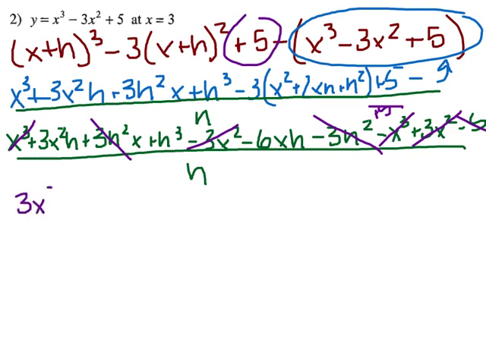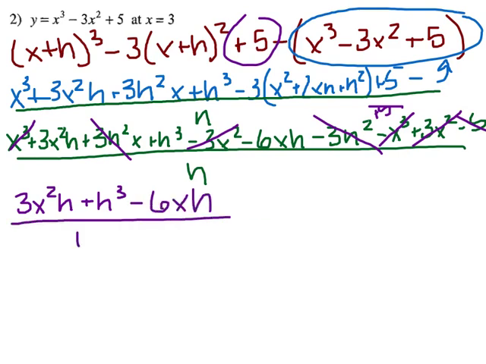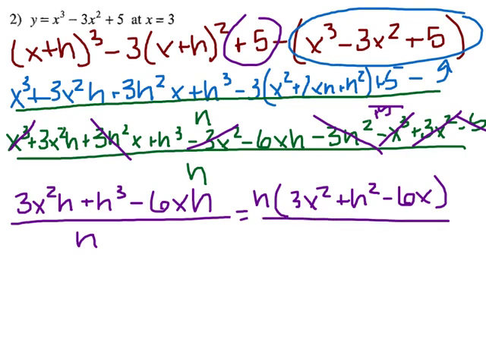So we have 3x squared h plus h cubed minus 6xh all over h. This can factor out to be h times 3x squared plus h squared minus 6x, all over h.